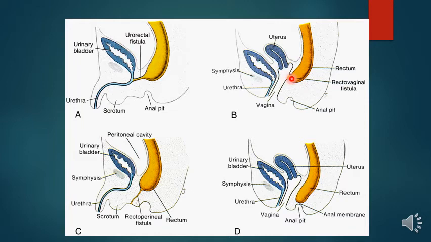In this, what happens is that the vertical element of the urorectal septum grows normally, but the lateral folds of Rathke fail to grow inwards. So that results in persistence of the cloacal duct in the lower part.